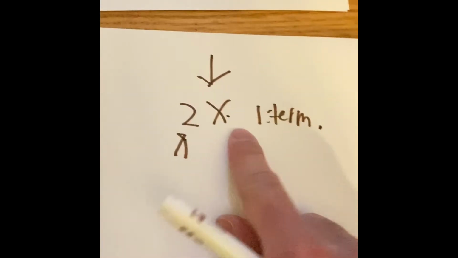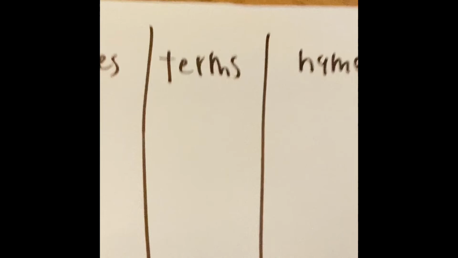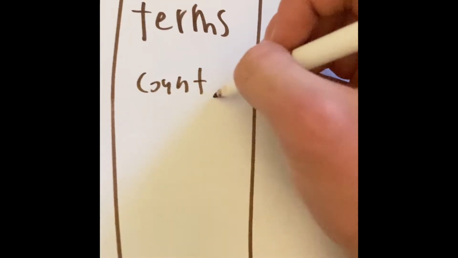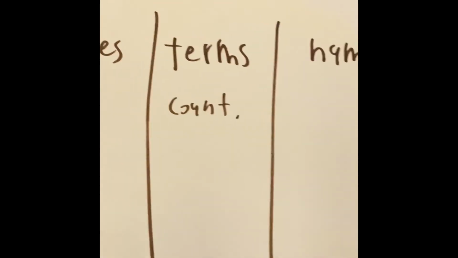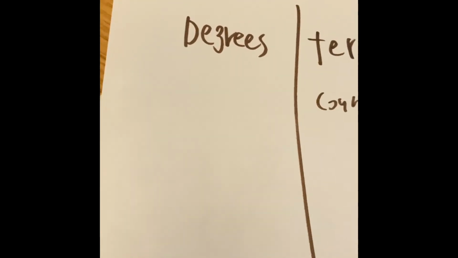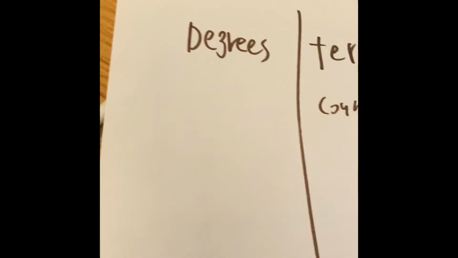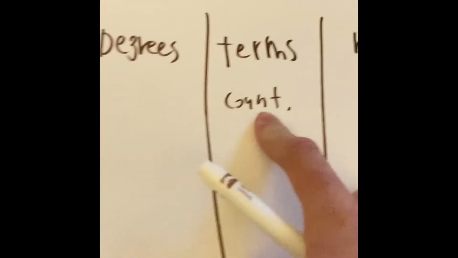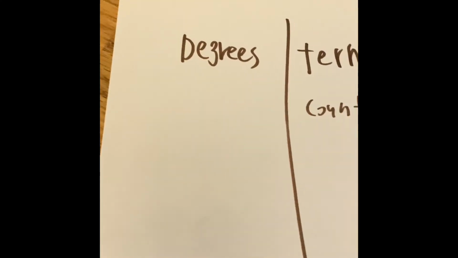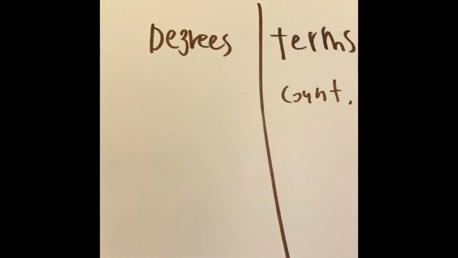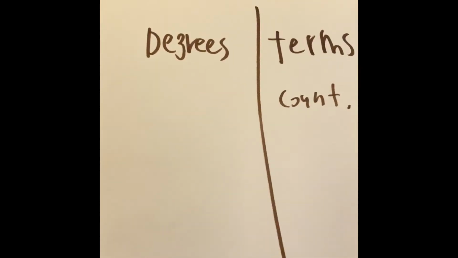So, the terms actually tell you when you count how many numbers and variables are on the field. Let's learn about the degrees. So when you're looking at degrees, it's a little bit different than just counting how many things there are on your piece of paper. So with degrees, we count as first degree, second degree, third degree, and no degree.